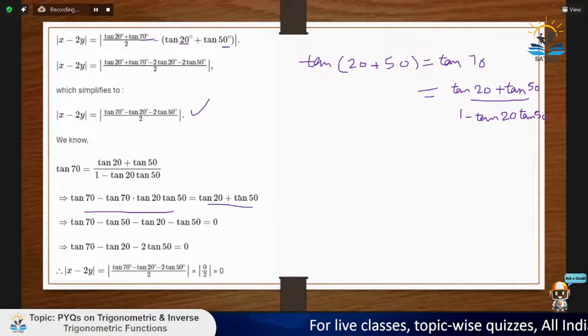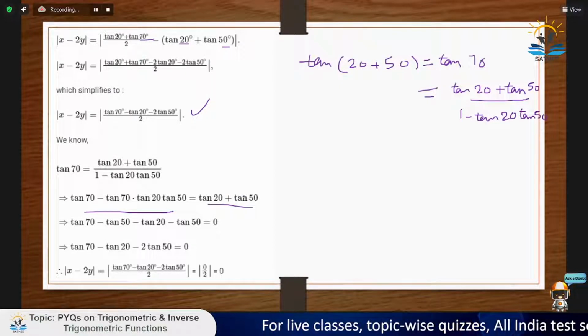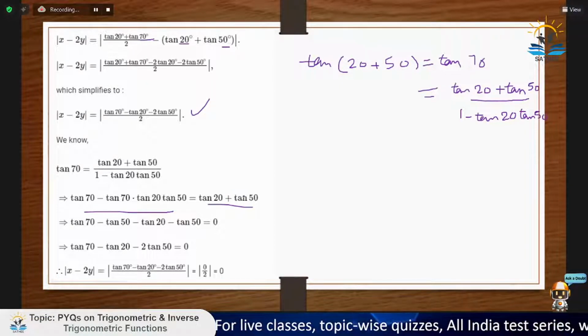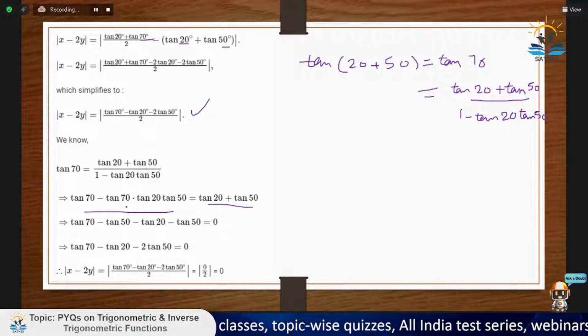And now you can take these two expressions to that side and evaluate.